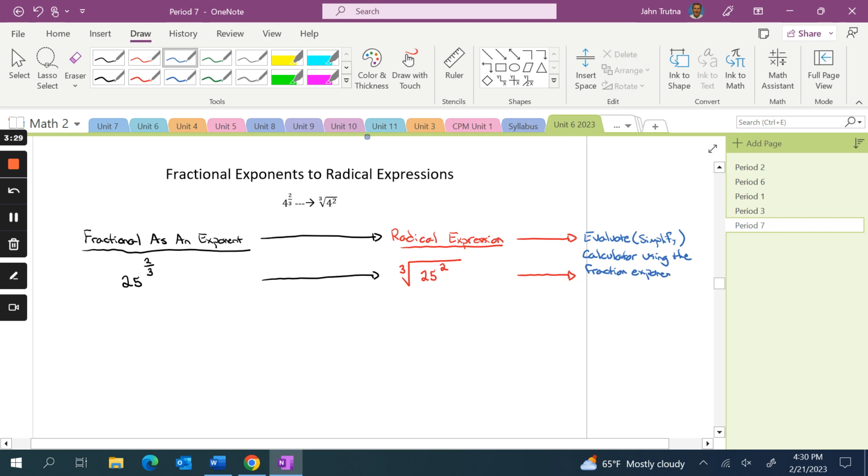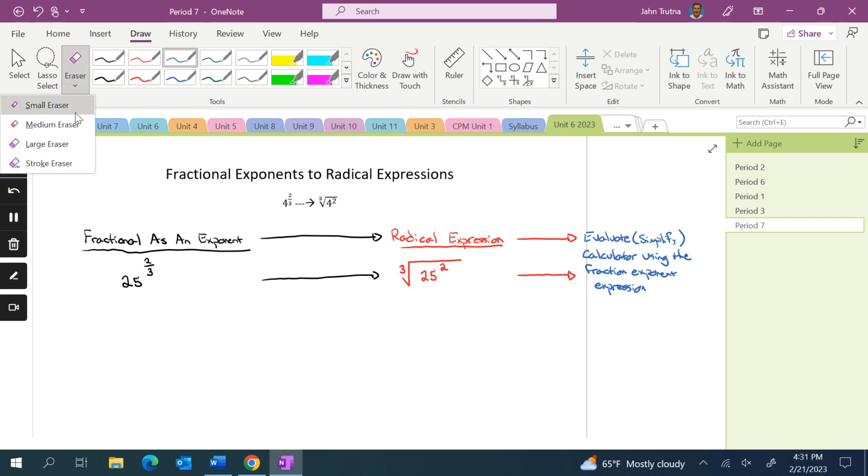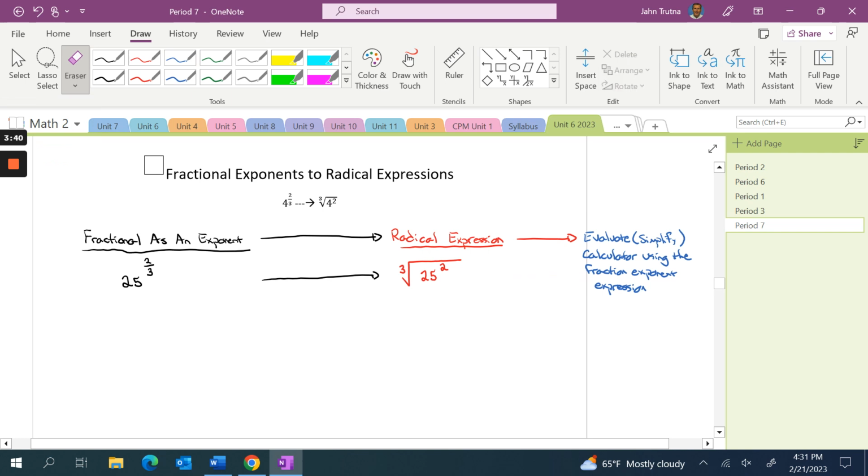In other words, you are going to go back to the 25 to the 2/3 power, and then type that into your calculator. That's the expression that you're going to use in your calculator. Okay? And you're going to evaluate it. You're going to tell me what it equals.